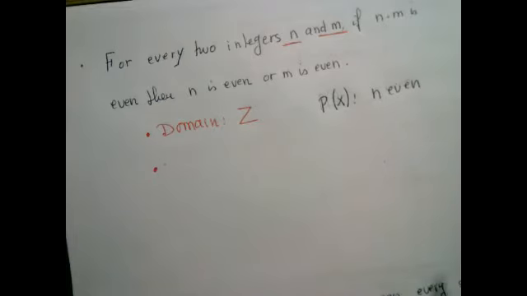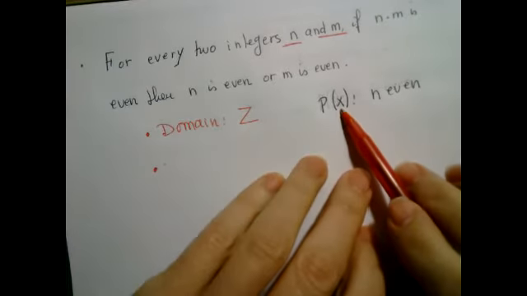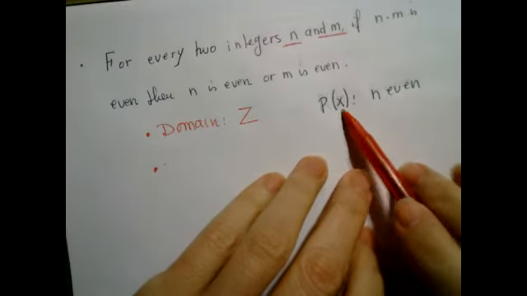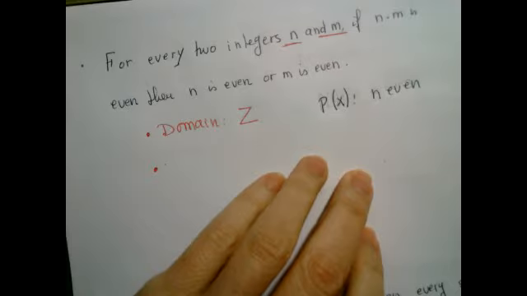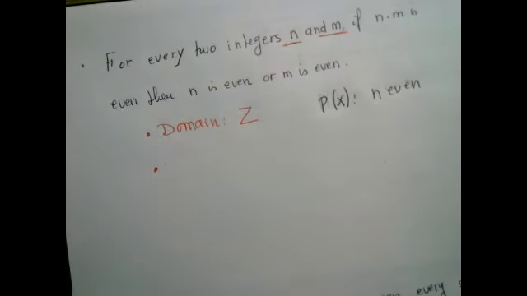Remember, a predicate is a sentence that involves a variable, so that when the variable is replaced by a number, your sentence becomes a proposition. It means a true or false statement. What's wrong with this? What's wrong?